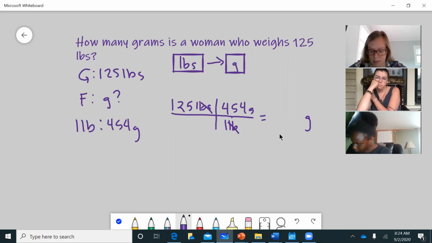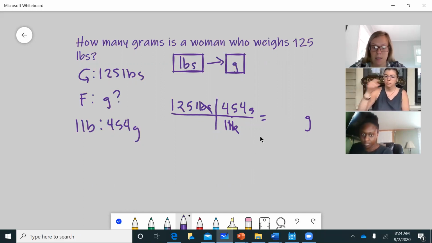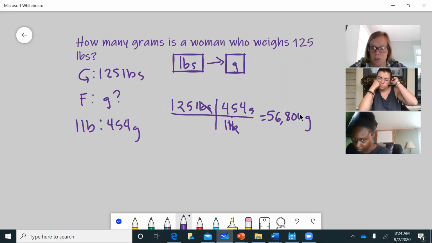Okay, 56,750, and I get 3 sig figs. So I'm gonna say 56,800 grams.